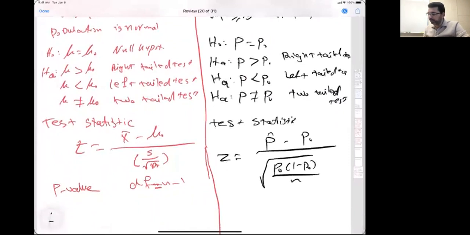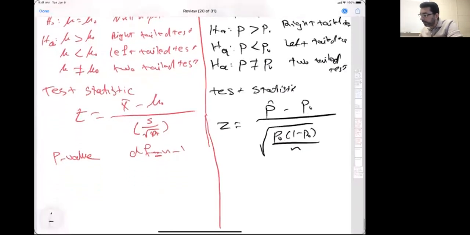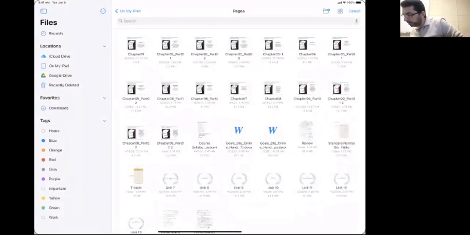Here it's your option. If you would like to use the table, you can use it. If you would like to use the Excel functions, you can use the Excel functions as well. Let me show you. This will be better from the slides directly.